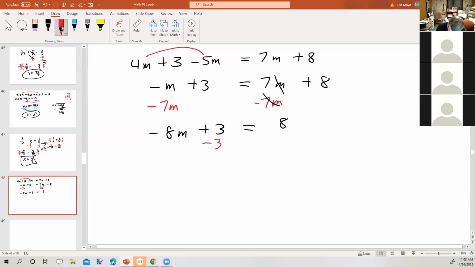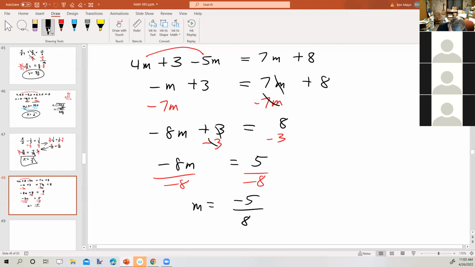So now I'm going to subtract 3 from both sides. I get negative 8m equals 5. Now, to isolate the variable, I'll divide both sides by negative 8. So m equals negative 5/8.